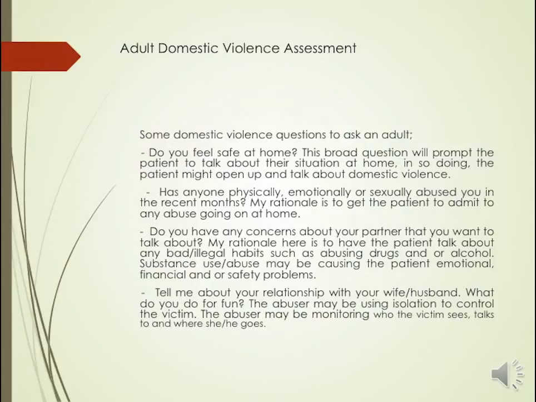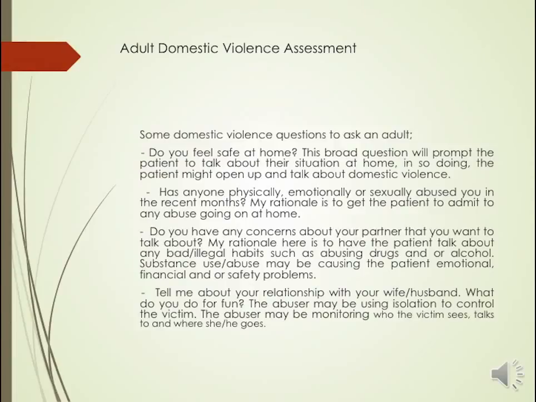Another question that you could ask could be, do you have any concerns about your partner that you would like to talk about? The rationale here is to have the patient talk about any bad illegal habits such as abusing drugs and alcohol. Substance abuse or use may be causing the patient emotional, financial, or other safety problems.